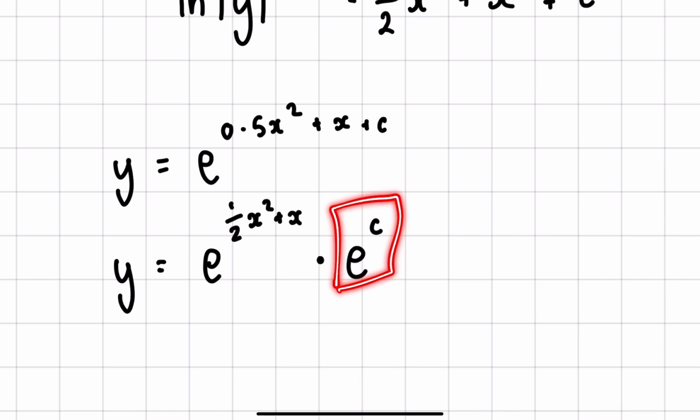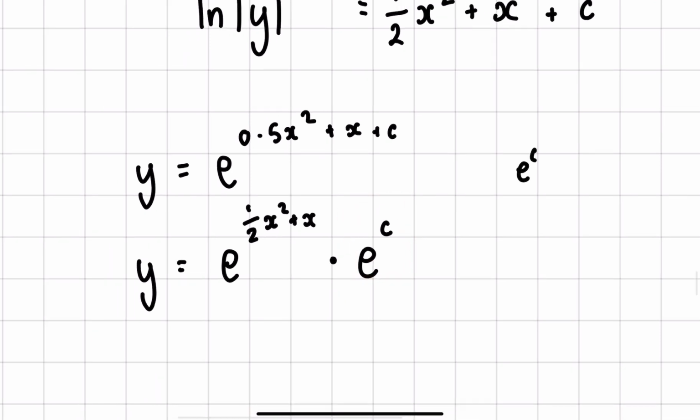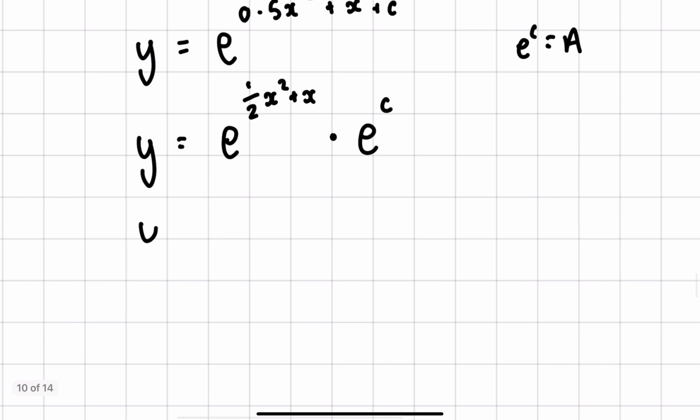And we can let e to the c be a new constant, we'll call it a. So the final answer is a times e to the half x squared plus x.